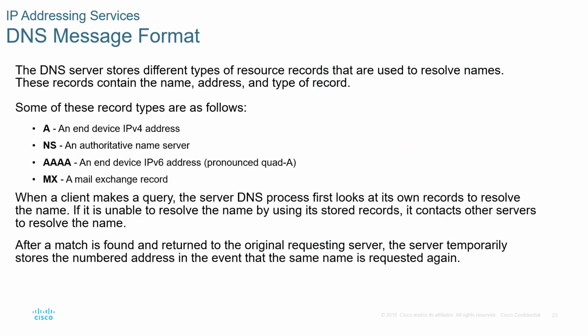DNS has several different types of records. The most common type of record is an A record. That is where we have a domain name and we associate it with an IP address. If we're talking IPv4, it's a single A record. If we're talking IPv6, it's a quad A record. If we're talking an authoritative name server, it will be called an NS record.